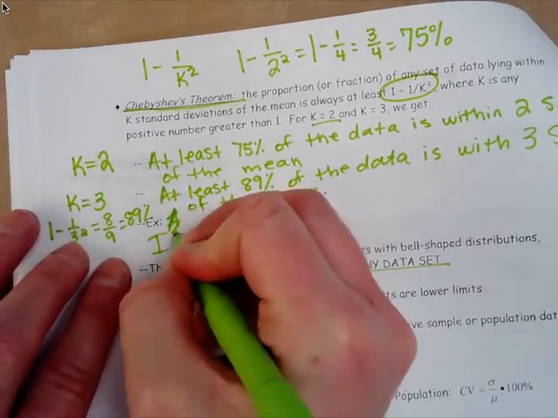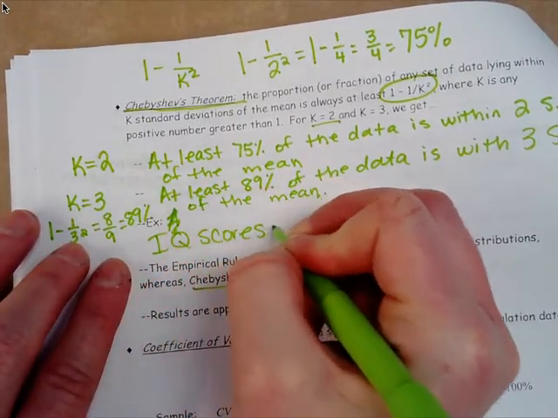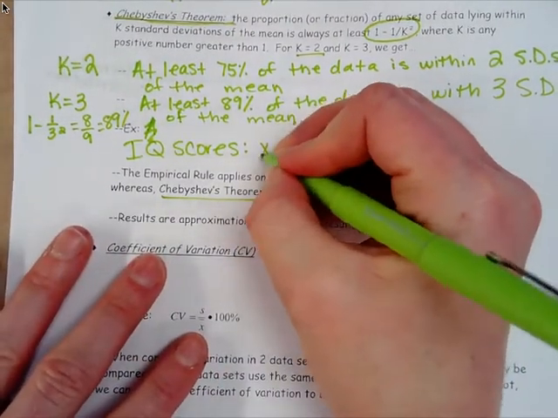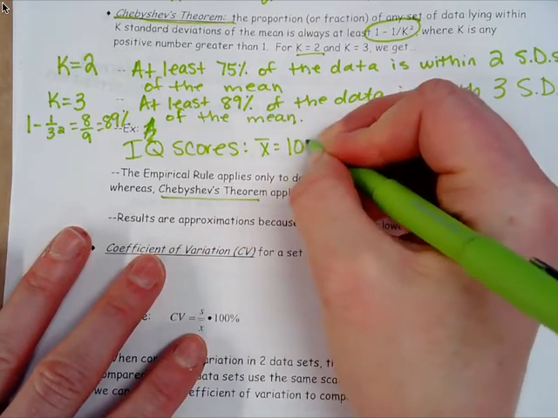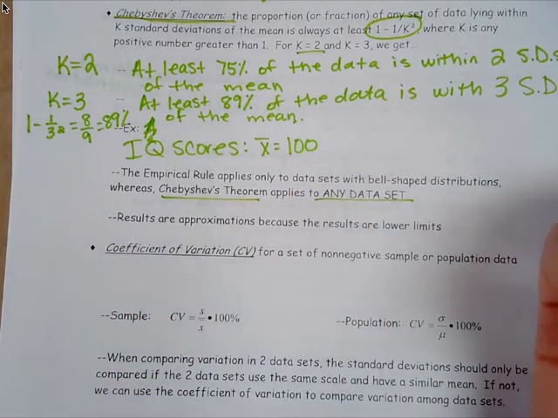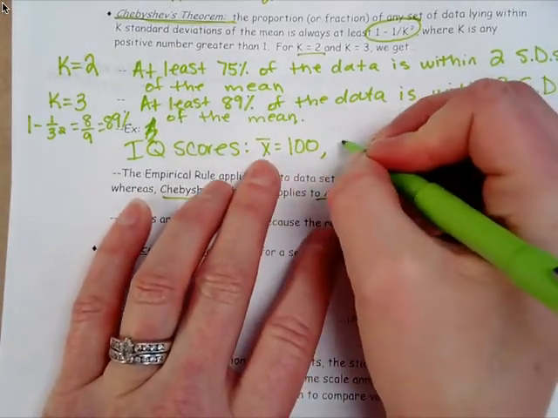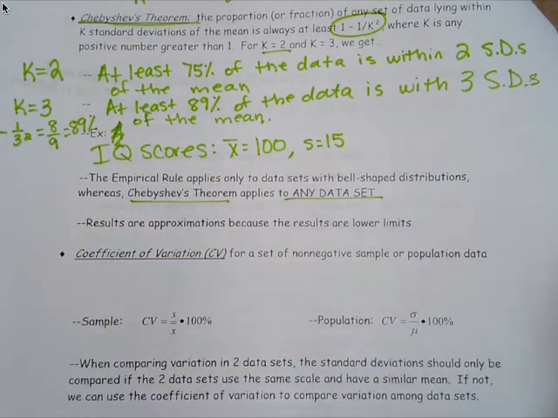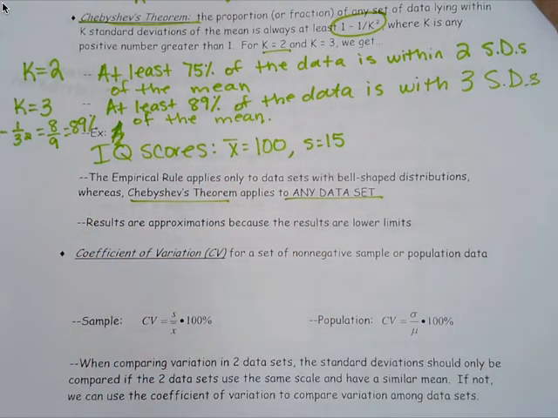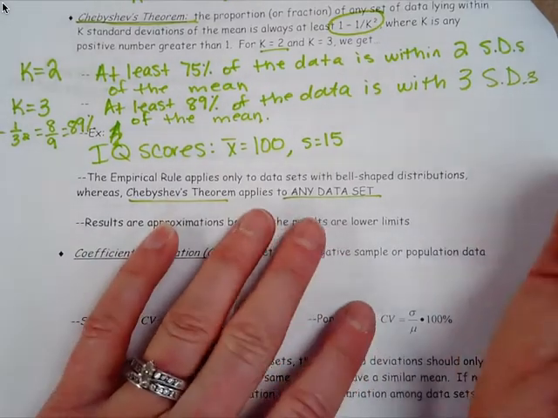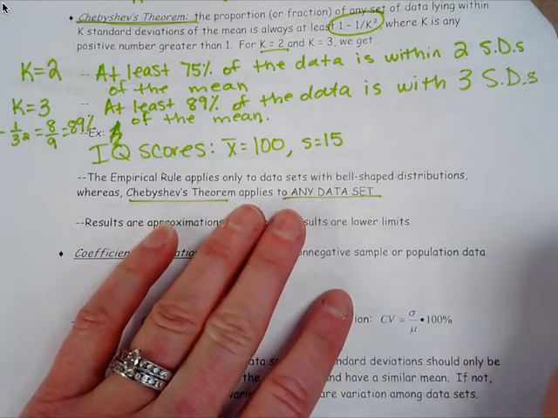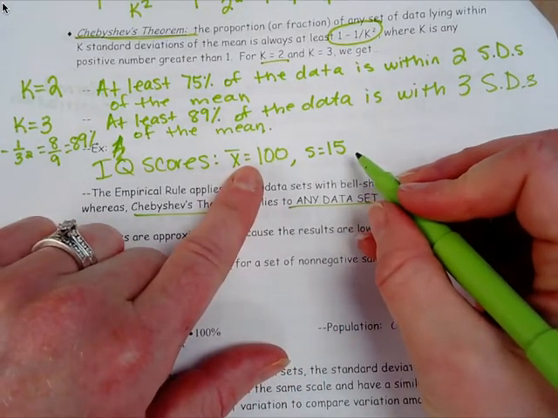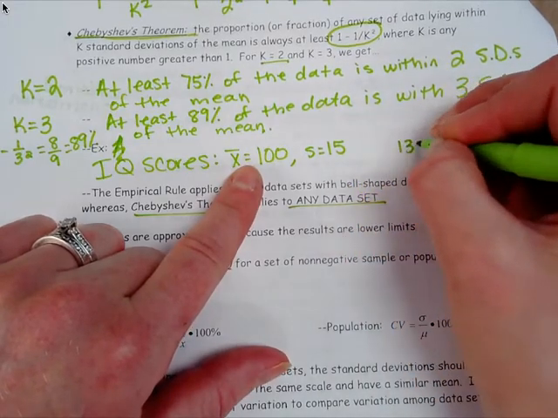There's an example of IQ scores. That'll be the example we look at. Do you know what the mean IQ score is? It's 100, with a standard deviation of 15, sorry, I said 50. If we don't know if it's normal or not, what is 2 standard deviations of the mean? 2 standard deviations would be 130 to 70.